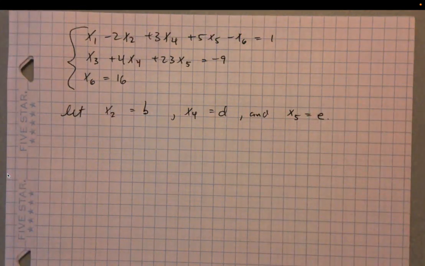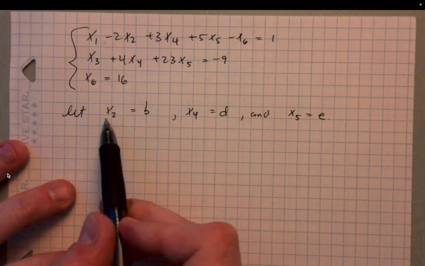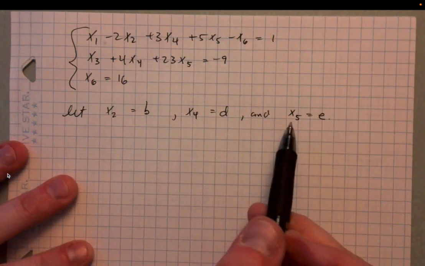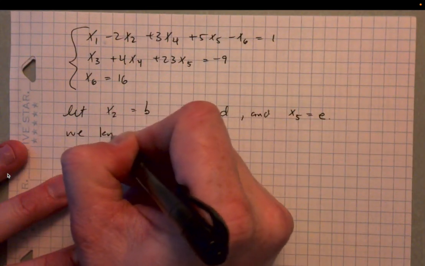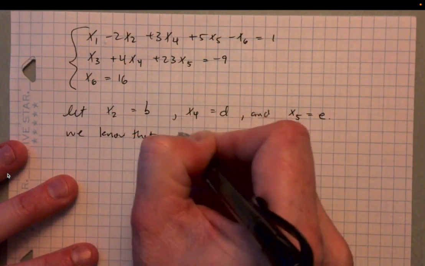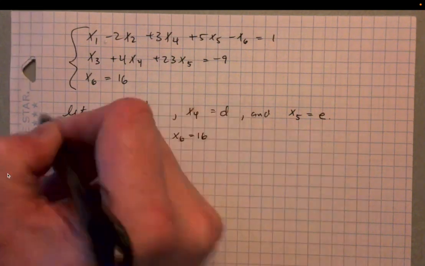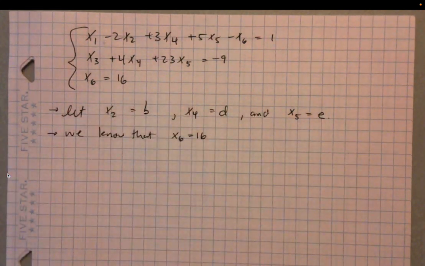Just nicer, the symbols you would typically associate with scalars, those little lowercase letters. And we know that x6 is equal to 16. So we've got these pieces of information.